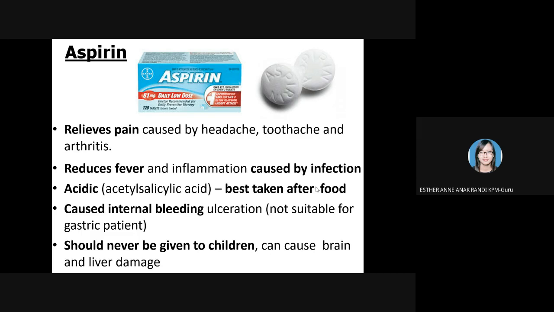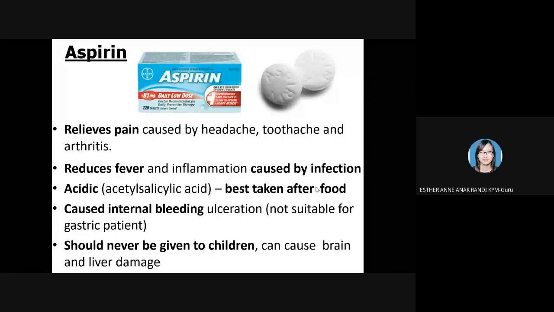Explain why: it is not an acidic medicine.